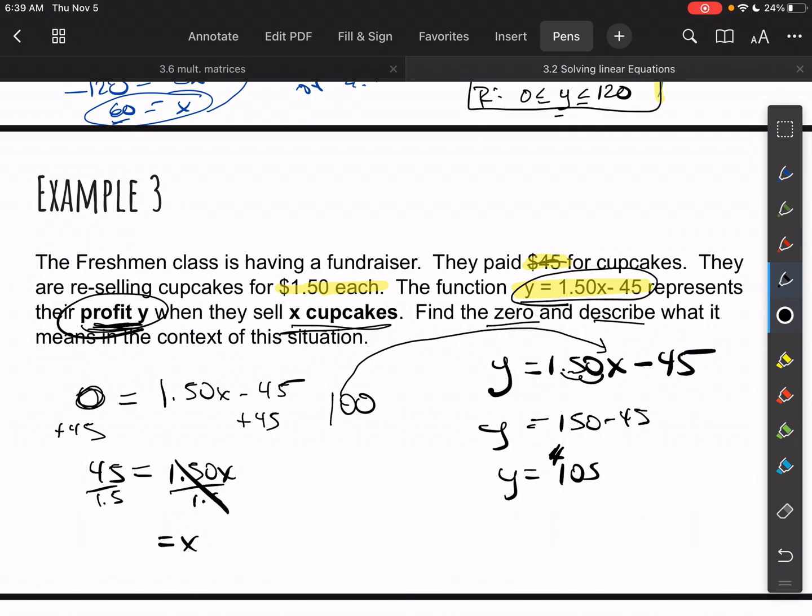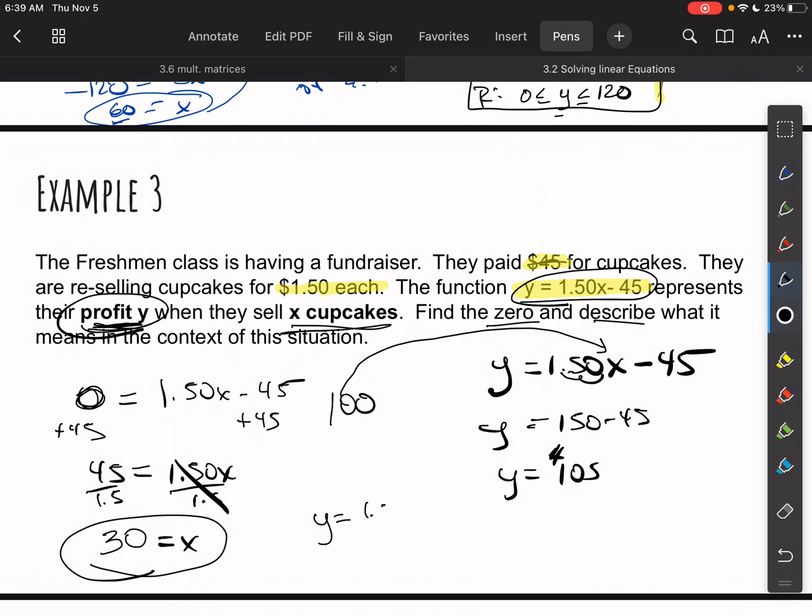And I'm left with x equal to 45 divided by 1.5, which is 30. So if you sell 30 cupcakes, you make $0. That's your break-even point.